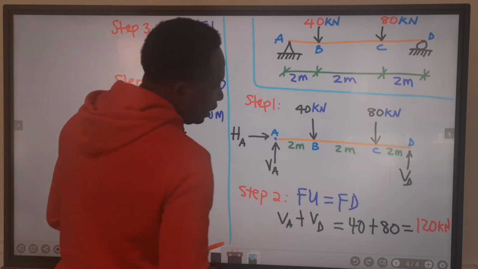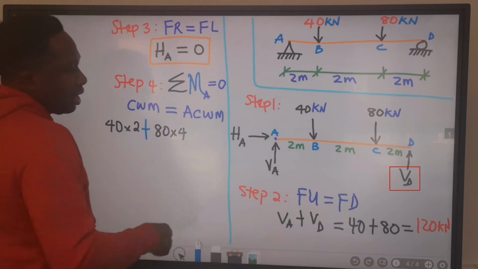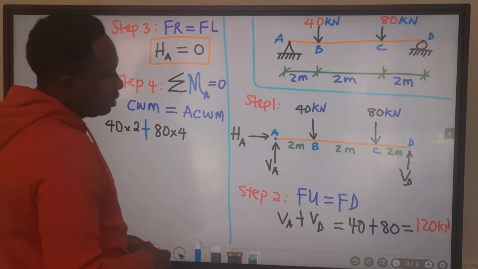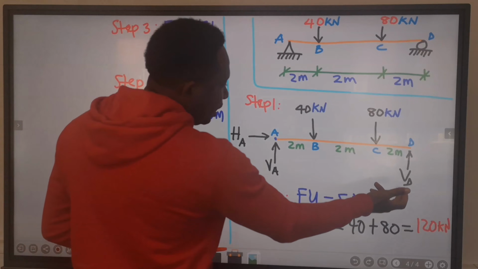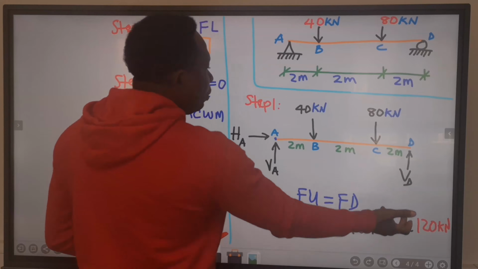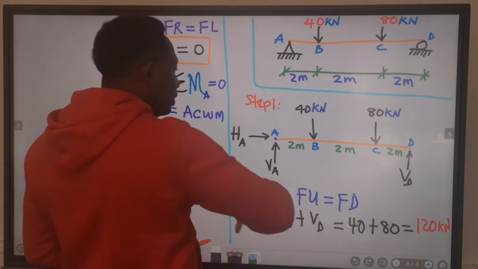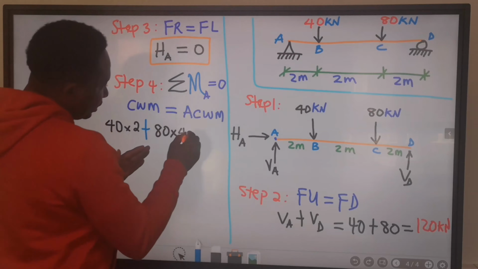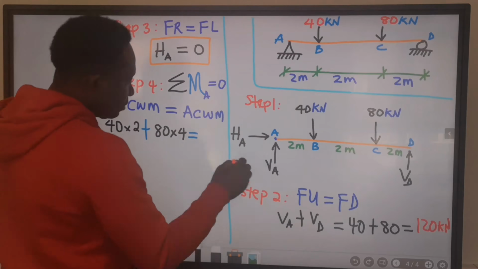Remaining is V subscript D. I will assume that 40 and 80 do not exist. Hence, this V subscript D force will push this beam up to turn in the anti-clockwise direction. Hence, I will consider the other side.